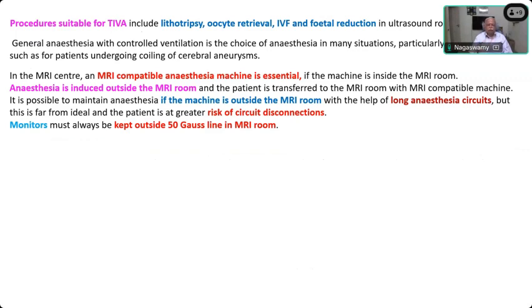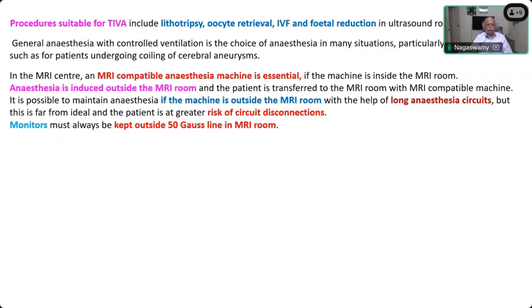MRI safe, it will not be attracted by the MRI, but the functioning status, for example, an ECG machine which is MRI safe will not give the tracing properly, but it will not be attracted by the MRI magnetic field. Whereas an MRI compatible ECG machine or a pulse oximeter will show the normal waveform, normal rate, everything, and it will also not be attracted by the magnetic field.